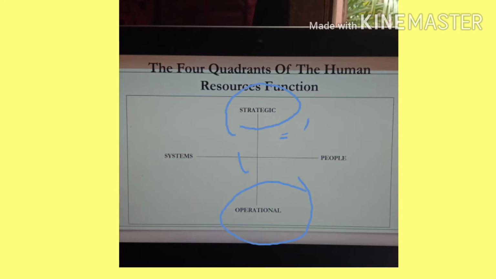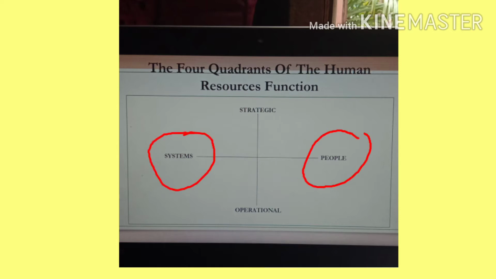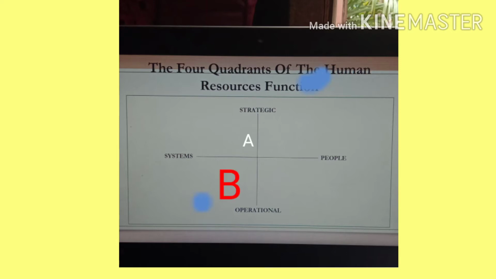And on the horizontal, we have system and people. We have the four quadrants of the human resources function and the two dimensions of it. The four quadrants: quadrant A, quadrant B, quadrant C, and quadrant D.